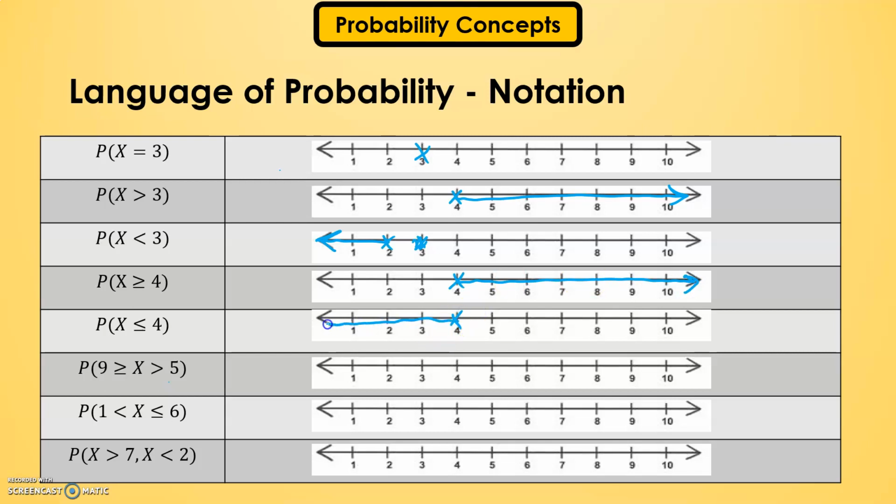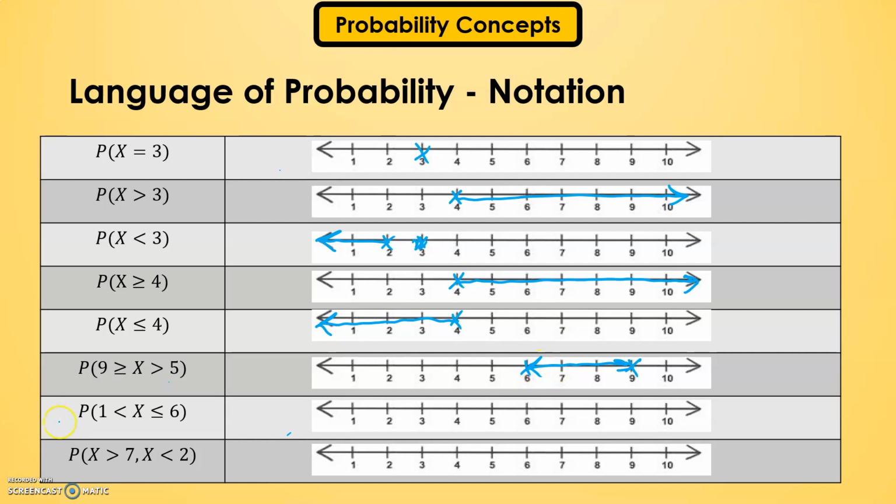The next one, x is less than or equal to 4. So that's that one. X is less than or equal to 9, but it's greater than 5, so it must be 6. So it's that region there.